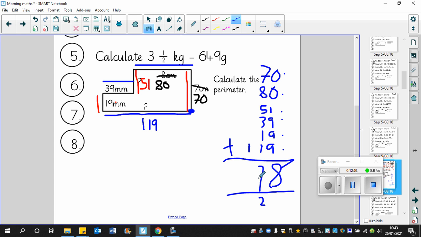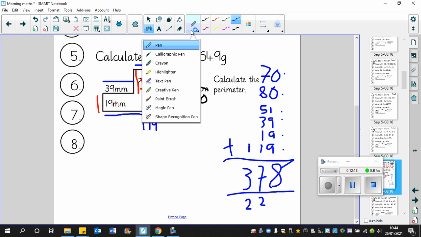So that's a 7, and put the 2 just there, and that's 100 plus 2 more from carrying, so that's 378.